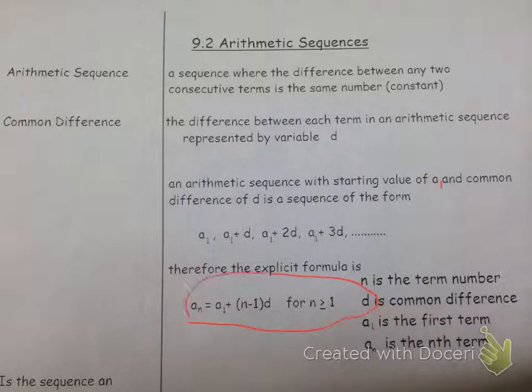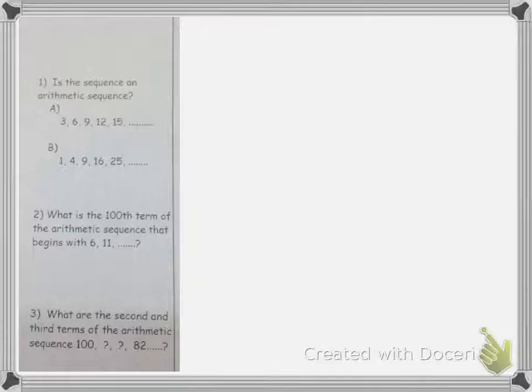This is the formula that you need to know. This is the explicit formula for an arithmetic sequence. The n is the term number, the d is the common difference, a1 is the first term, and an is the nth term. A specific term in the sequence, either that you're looking for or that you're given.